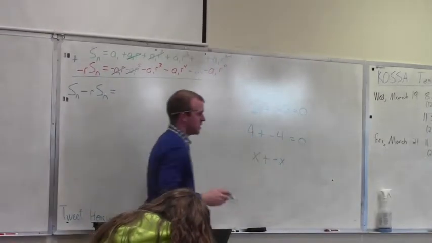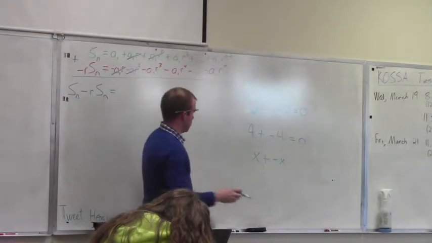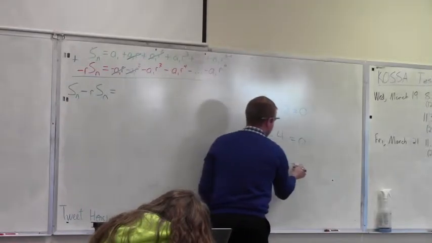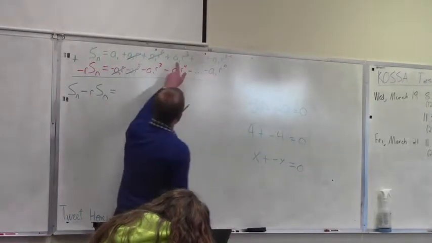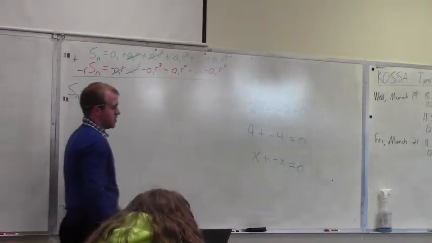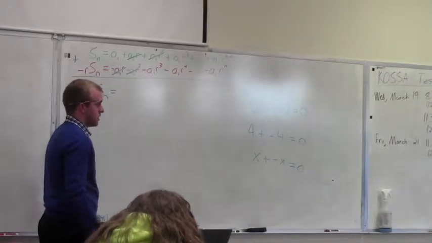What if I do x plus negative x? All the same thing. 2 plus negative 2 is 0, right? Okay, so what if I do a sub 1 r cubed plus negative a sub 1 r cubed? 0. Just 0.